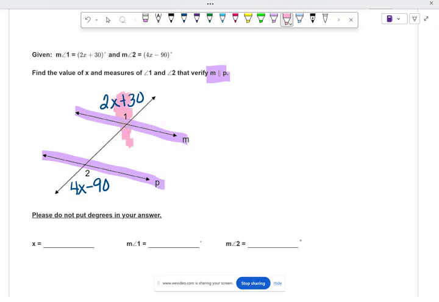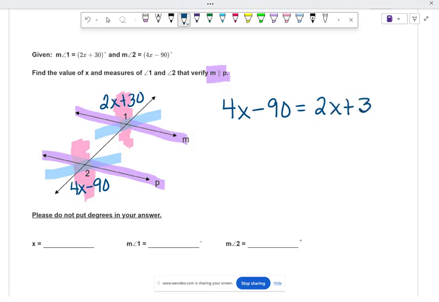I see that 2x plus 30 is on pink. 4x minus 90 is also on pink. If two angles are on the same color, they are equal to each other. So we're going to set 4x minus 90 equal to 2x plus 30.